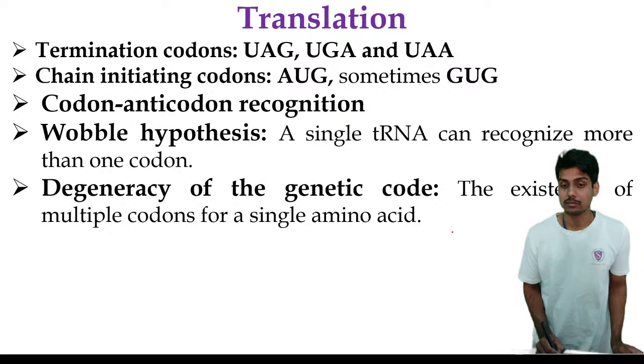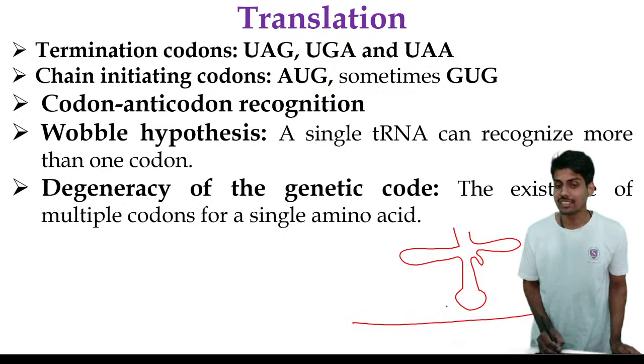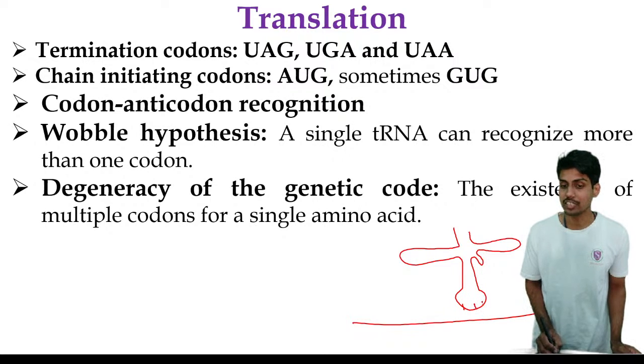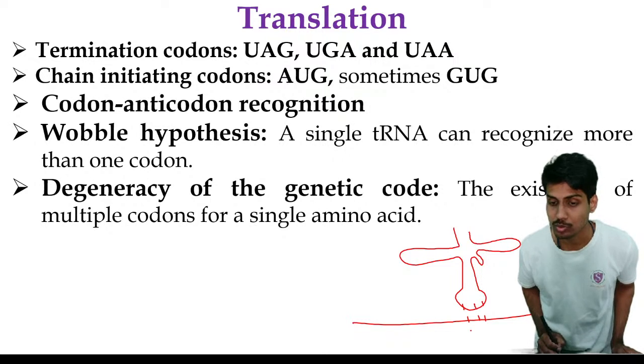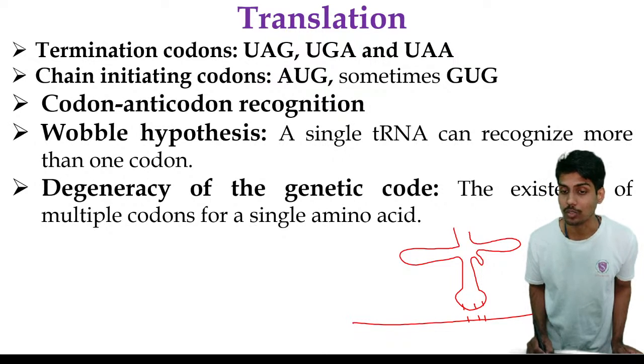Usually, as the anticodon has three nucleotides and the codon has three nucleotides, suppose this is AUG, the combination would be uracil, adenine, and cytosine on the anticodon. This would be the only possible codon-anticodon pair.